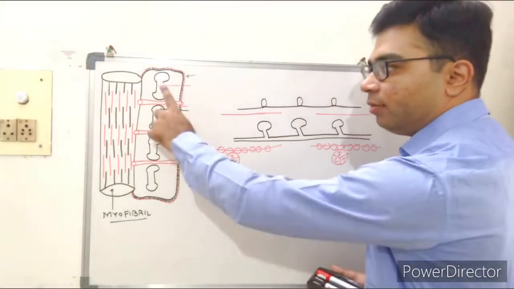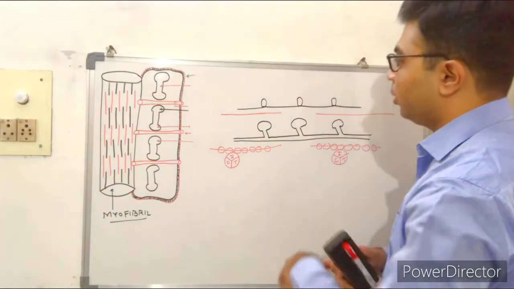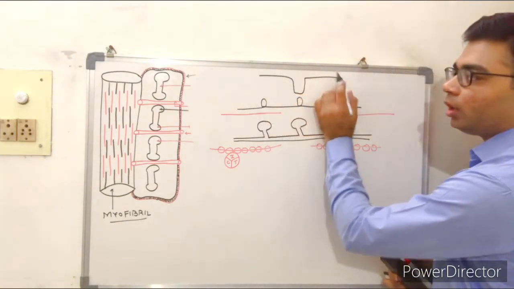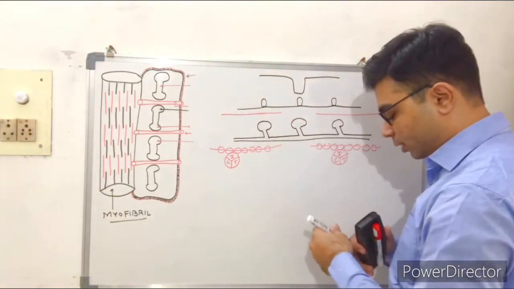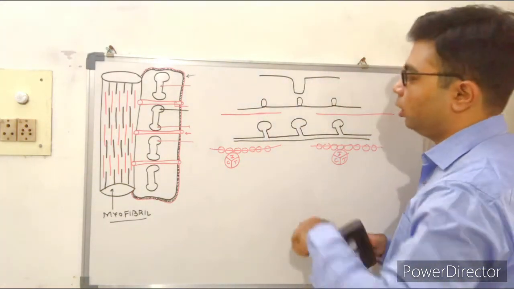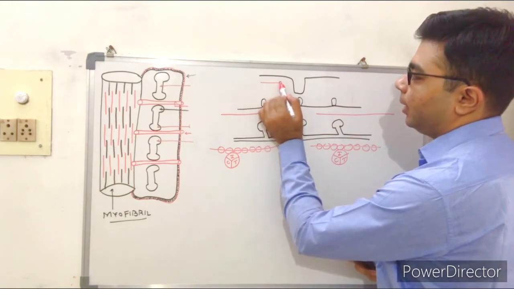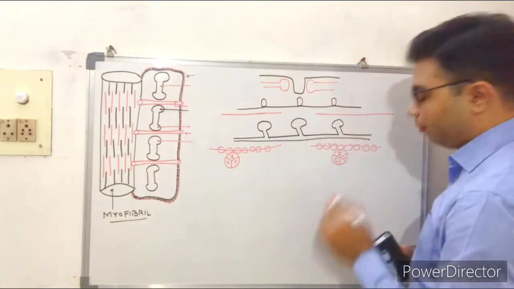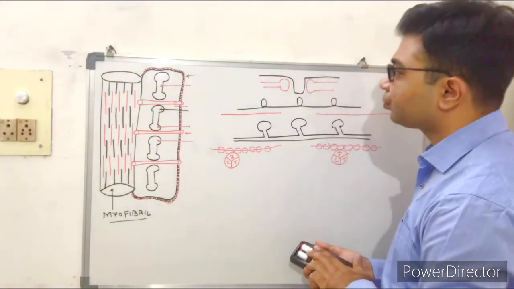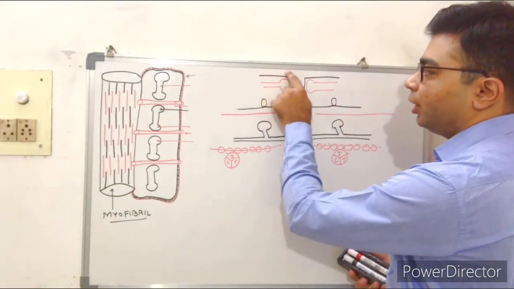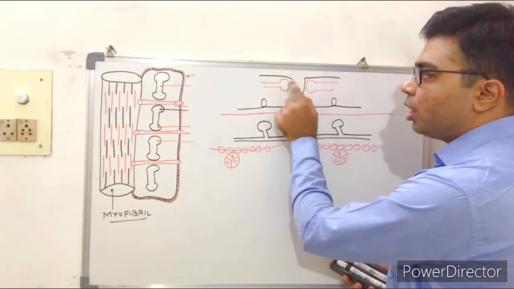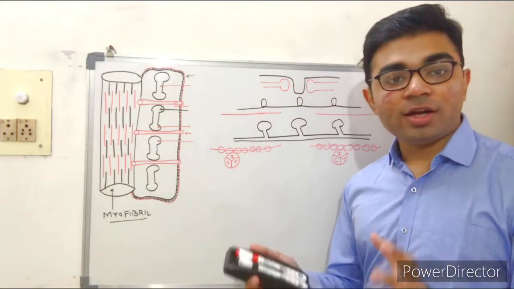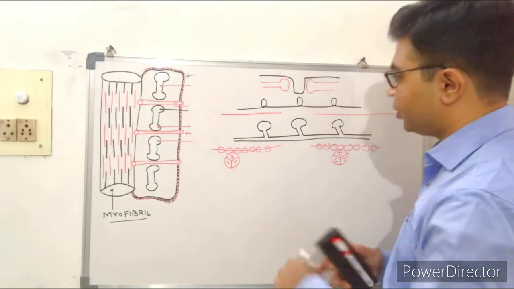Now, as we have understood the sarcotubular system, suppose this is a T-tubule. On both of its sides we have cisternae. So when an action potential arrives and reaches up to the T-tubules, from both the cisternae there is release of a large quantity of calcium ions.